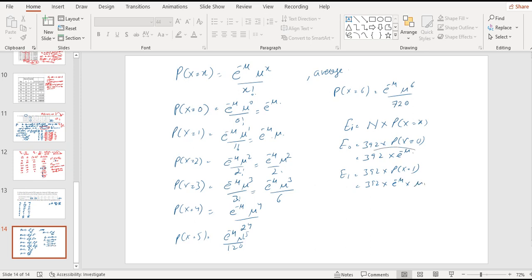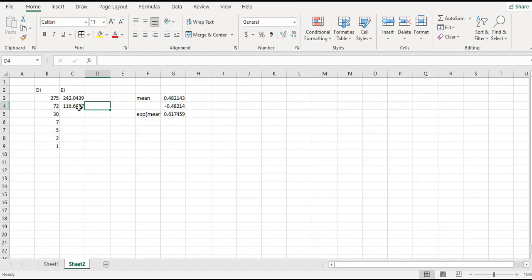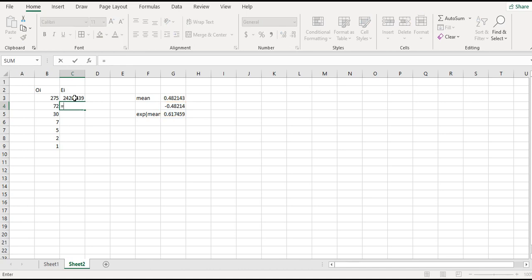So this part you have already calculated, right? So you simply multiply it with the mean. So instead of calculating this whole term, I simply multiply the previous term with the value of mean. So it must give us the same answer, right?